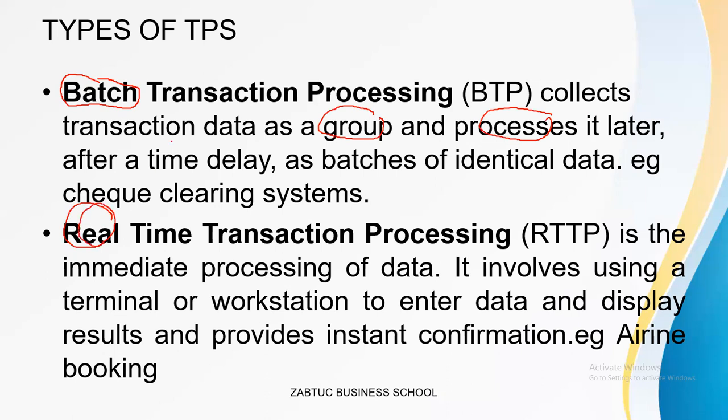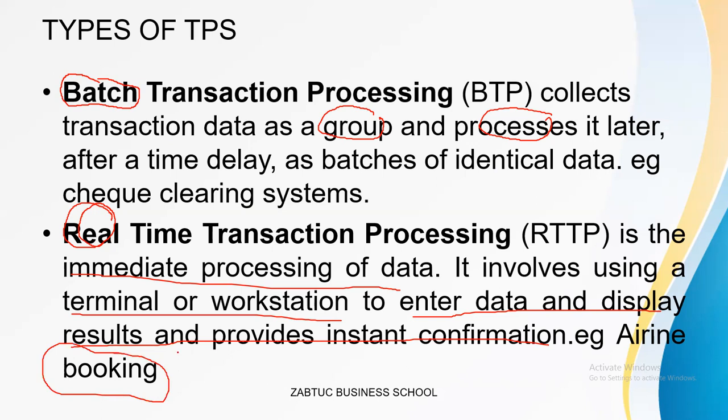They are processed there, and then as we put in the details, the system is directly talking to us. Immediate processing of data. It involves using a terminal or workstation to enter data and display results and provide instant confirmation, like in airline booking or when we withdraw money from ATMs.